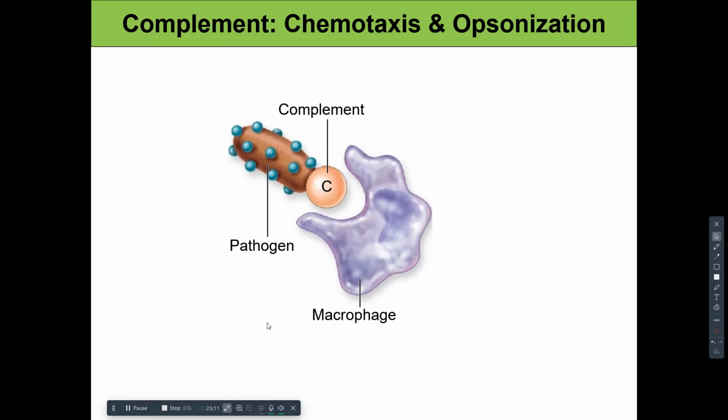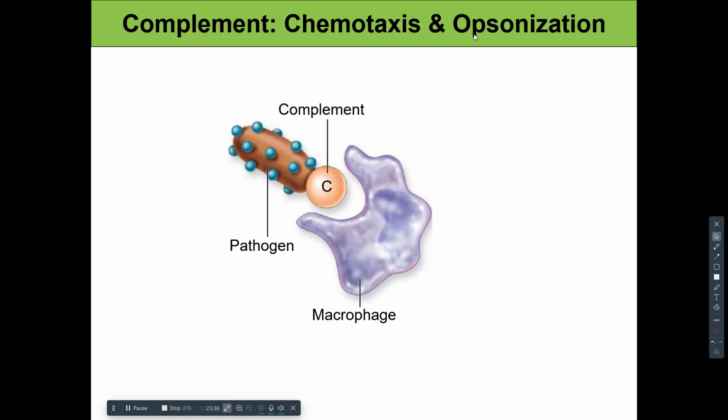Now, chemotaxis means we are going to attract white blood cells. So the presence of activated complement proteins, which in this case we see bound to a bacterium, is going to attract white blood cells, such as a macrophage, like this guy right here. Of course, not only do we want to attract the macrophage, but we want to do something that increases the likelihood of phagocytosis.